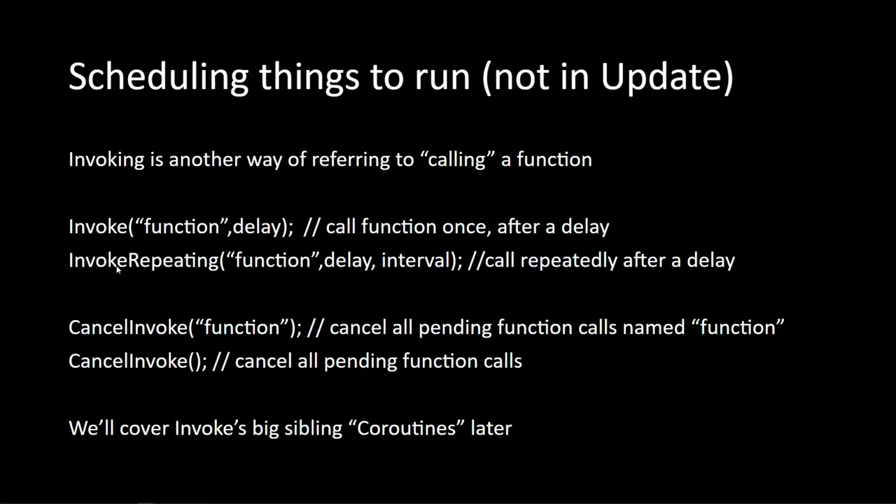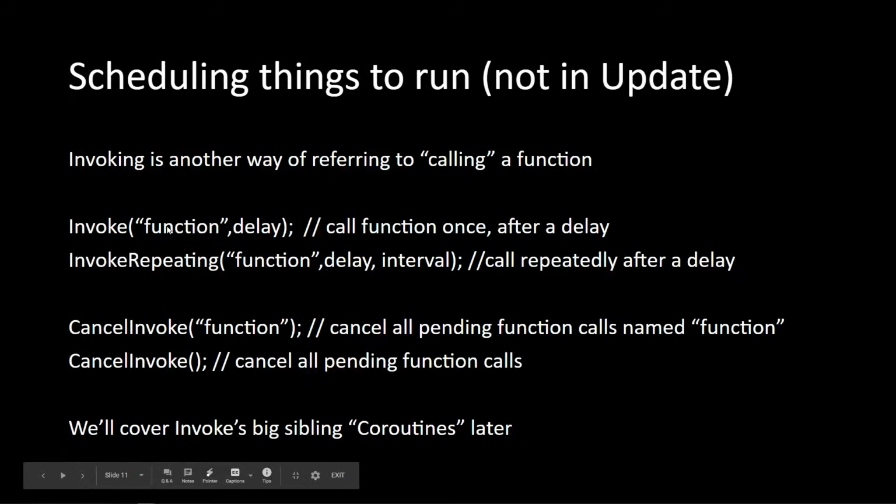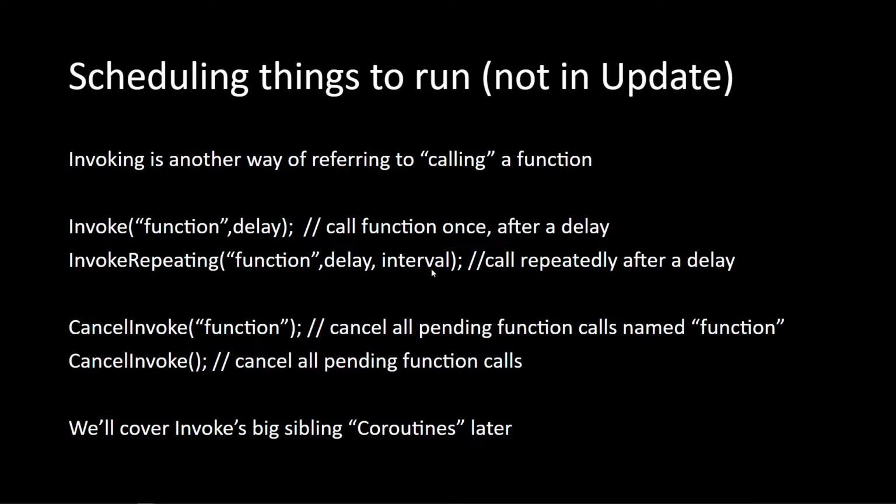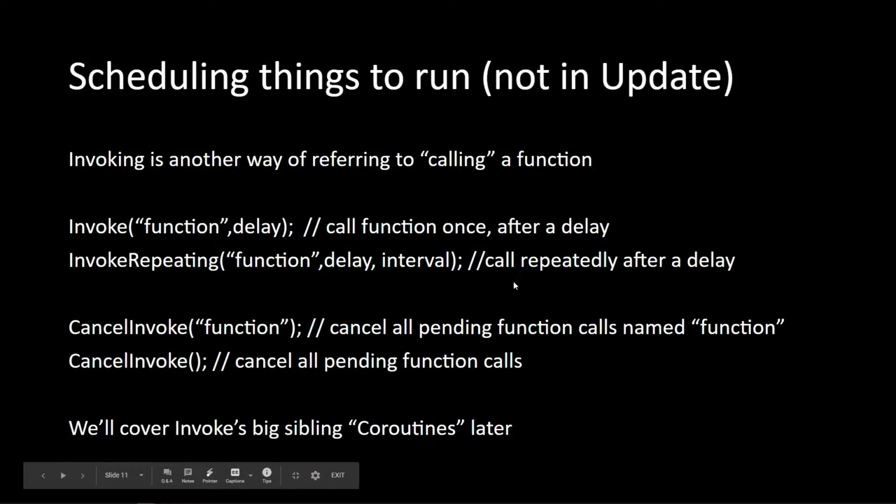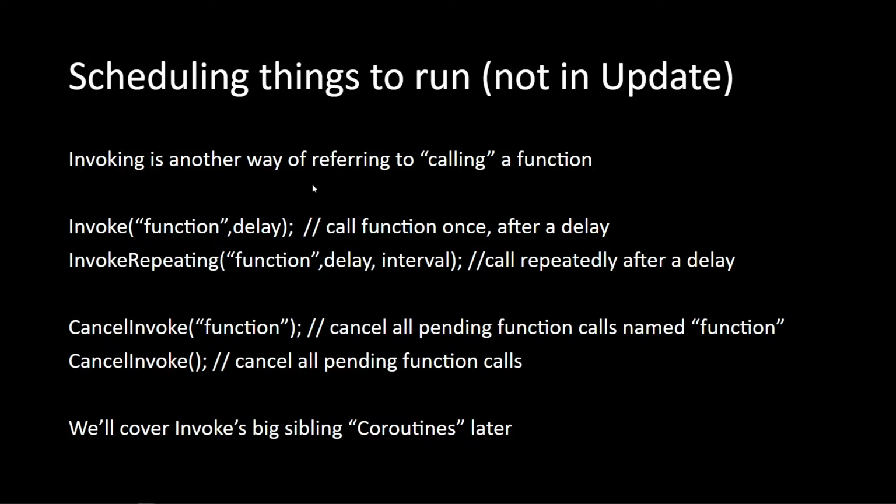We've already talked about Invoke, but I wanted to mention a couple of things that we didn't quite cover with Invoke. We did Invoke function with a delay, or InvokeRepeating function with a delay and an interval. There's also CancelInvoke, which will cancel a particular function. So imagine you had it dropping and you didn't want it to drop any more apples for some reason, or you wanted to pause it, or you wanted to change something, or you wanted to change the interval.